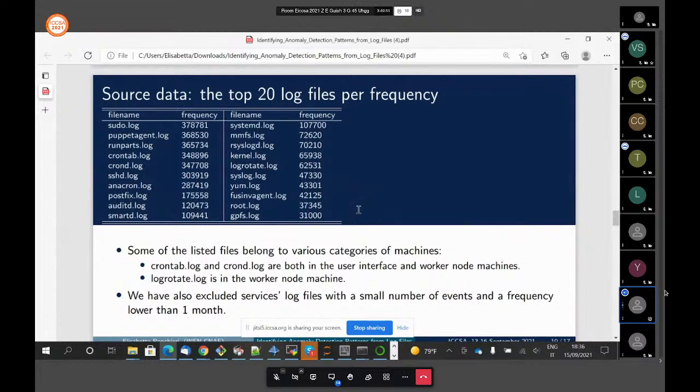And we started to categorize the log files per type of machine in order to be able to perform a more complex study soon after finishing this one.